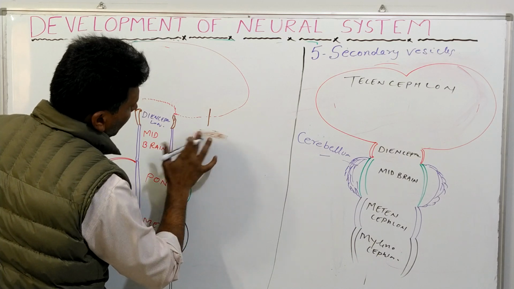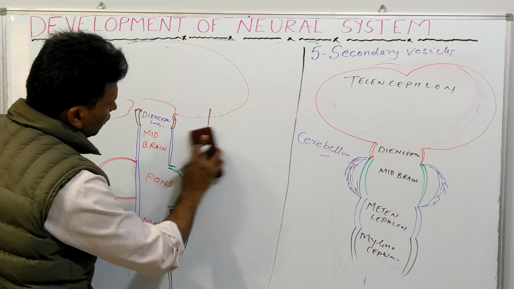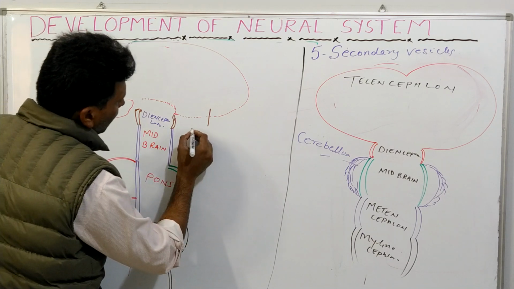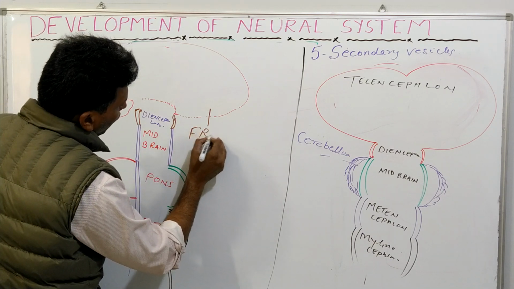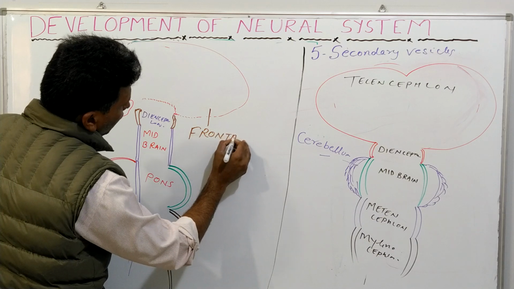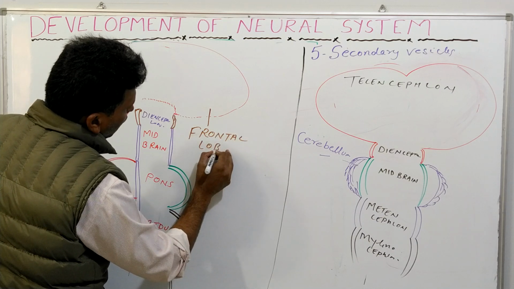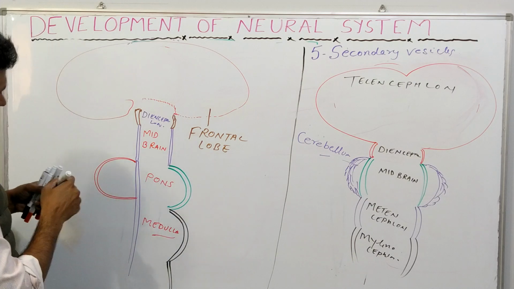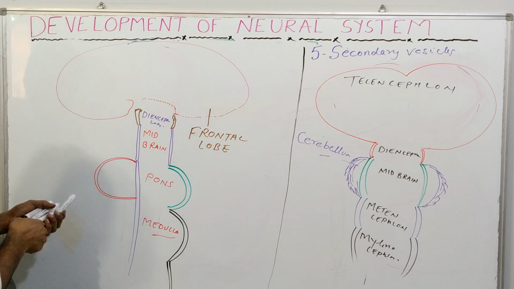This is your frontal lobe. This is your parietal lobe.